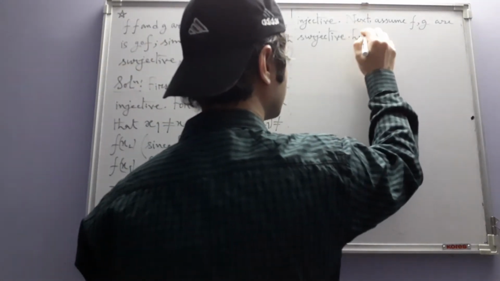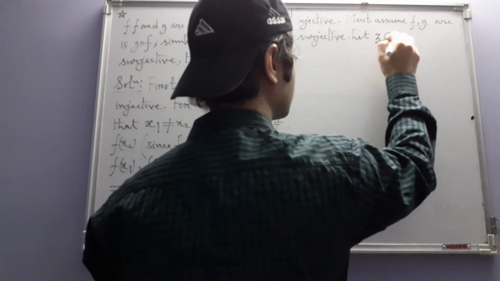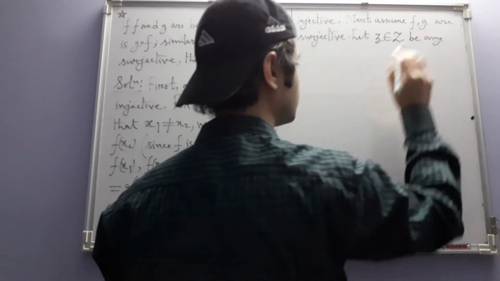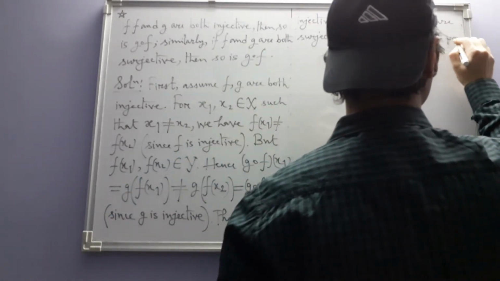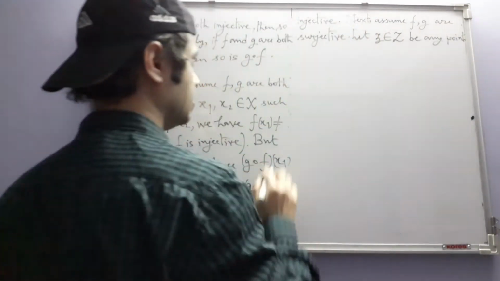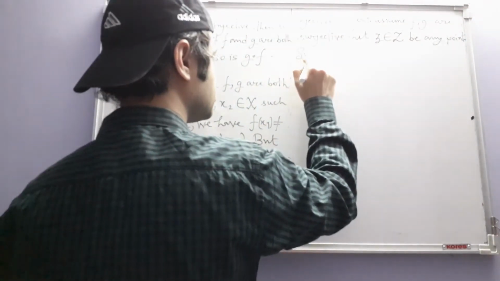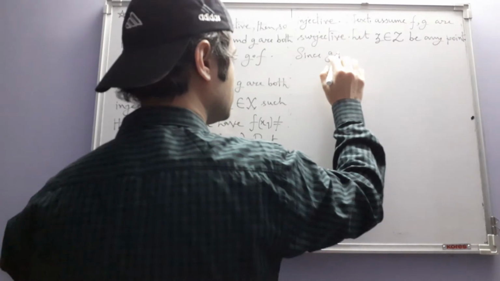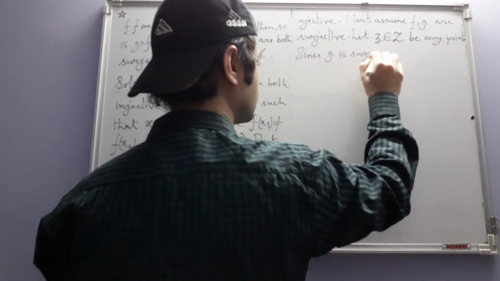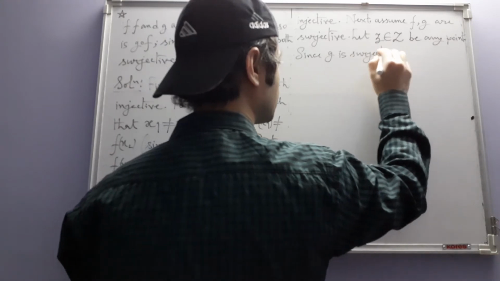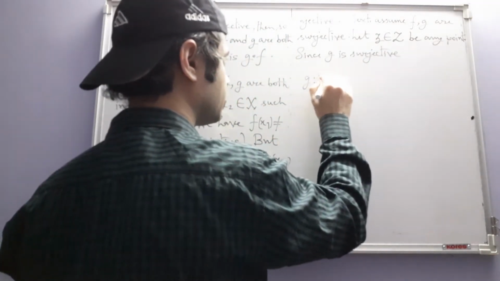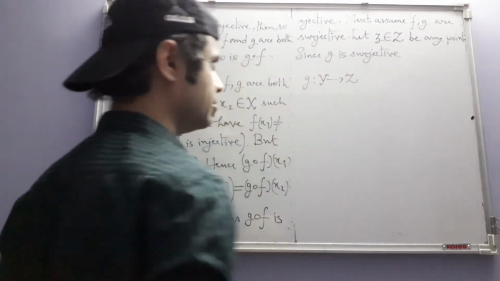Let this be any point z. Okay. Since g is surjective, so g is a function from Y into Z, right?